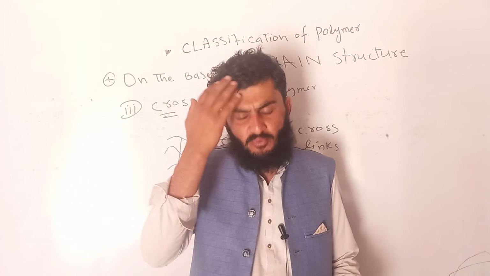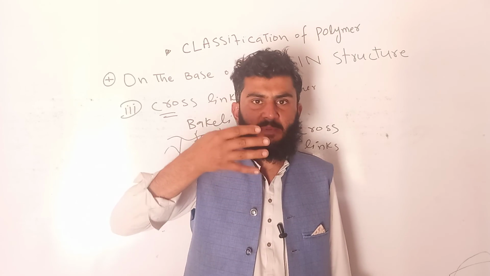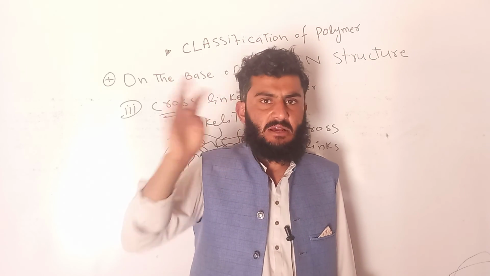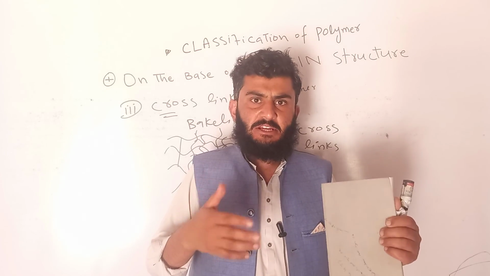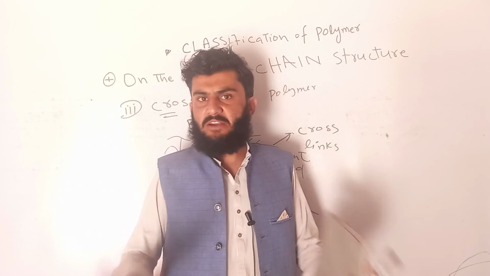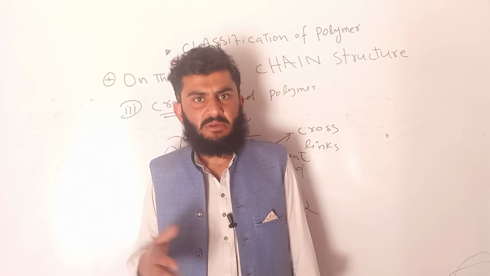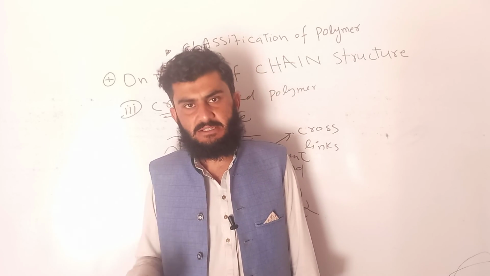We cannot guess the melting point for such polymer with cross links, because on heating it becomes more and more hard, and we cannot melt it. If we increase the heat, it will degrade, not melt, clear.